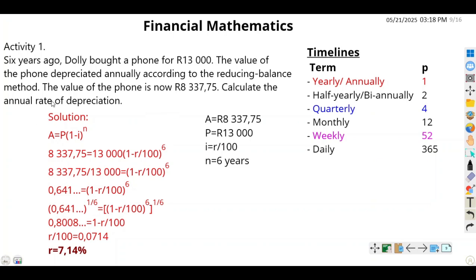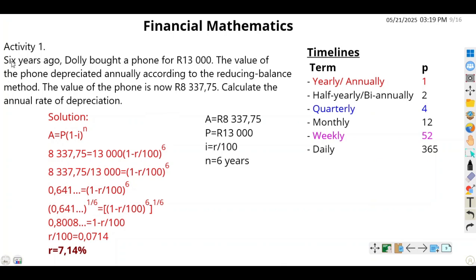Why annual rate? Because it depreciated annually. That's what they told us, and that's what they want here. So what do we have? We have the current value, 8,337.75, and the principal value, the value that the phone had 6 years ago.